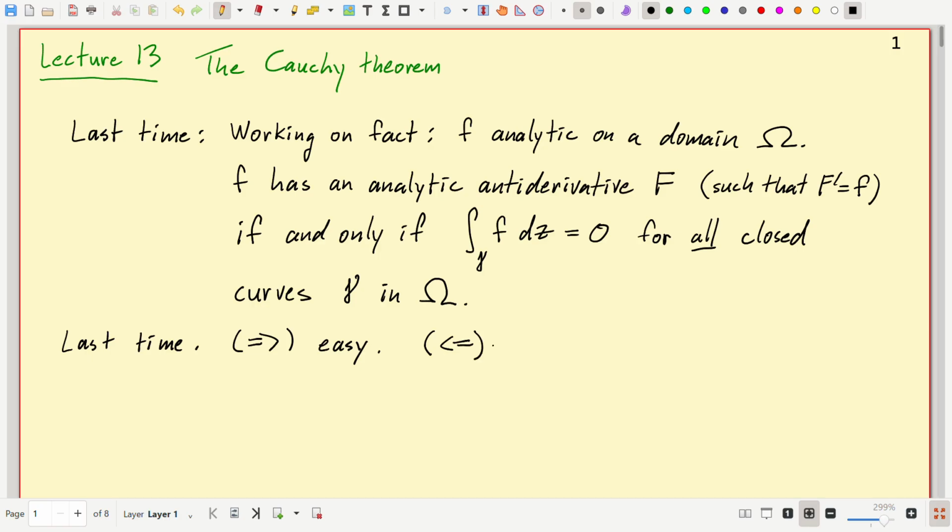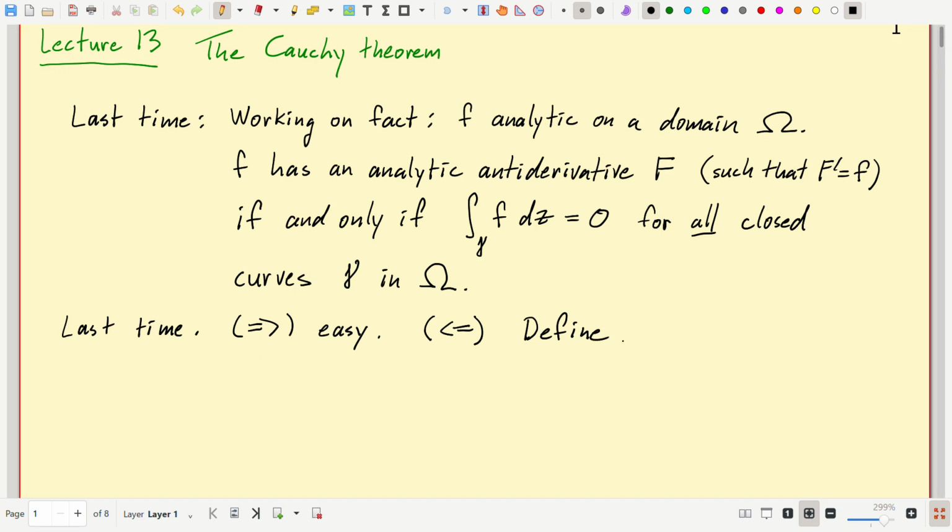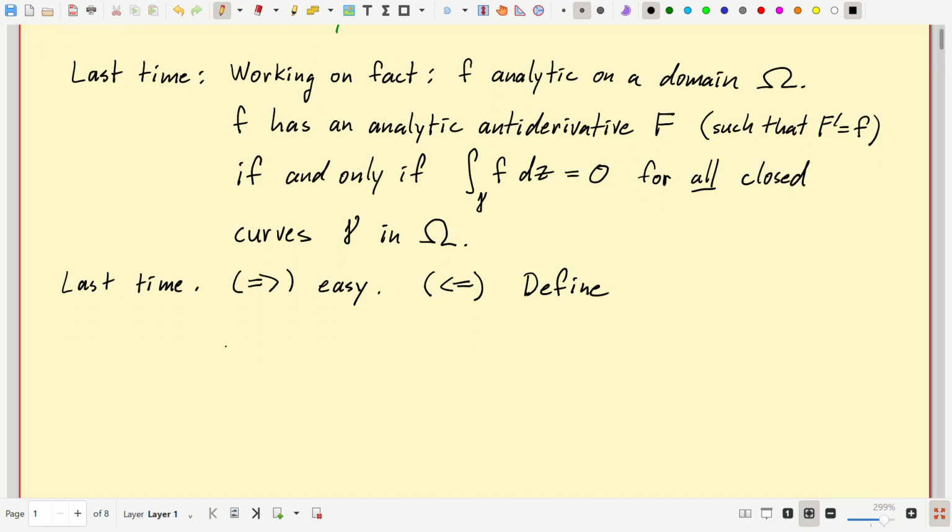In going the other way, we assume that the integral around every closed contour is 0, and that allowed me to show you that we define a capital F of z to be the integral along a curve that starts at a fixed point A and goes to z of f of w dw.